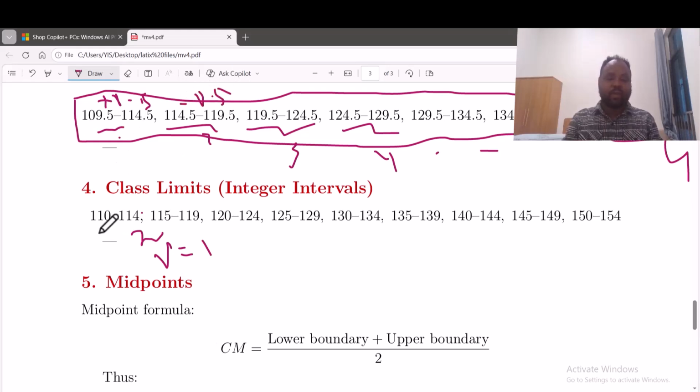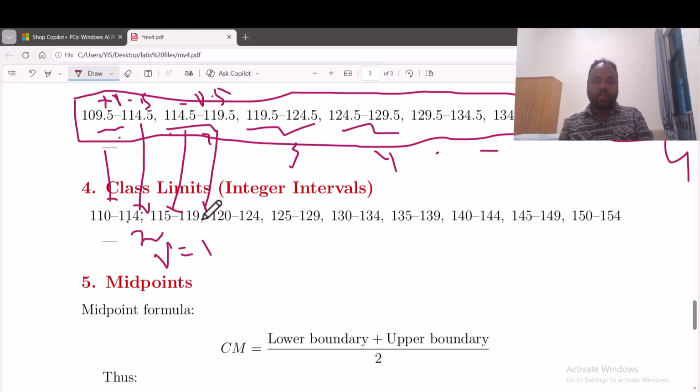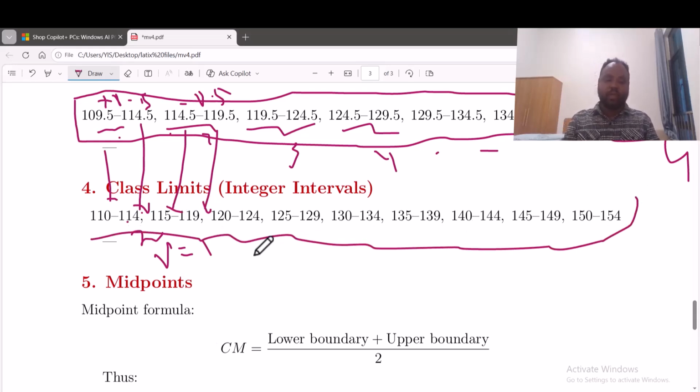Then the lower class limit of the first class is 110, and the upper class limit is this number. The whole set of class limits is obtained in this way for class 1, class 2, class 3, class 4, class 5.